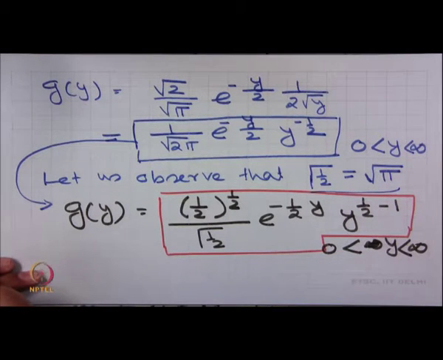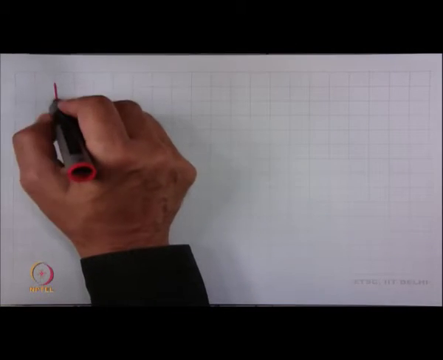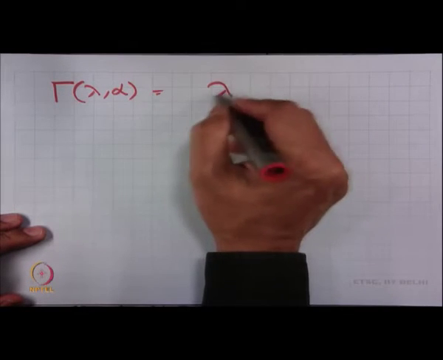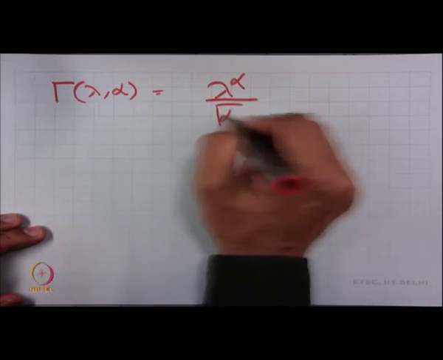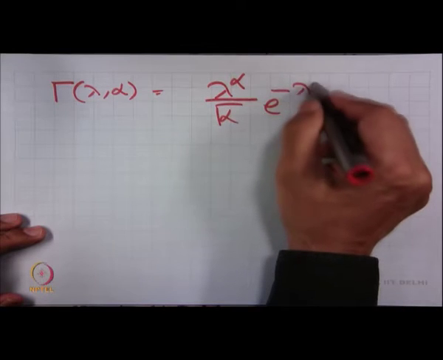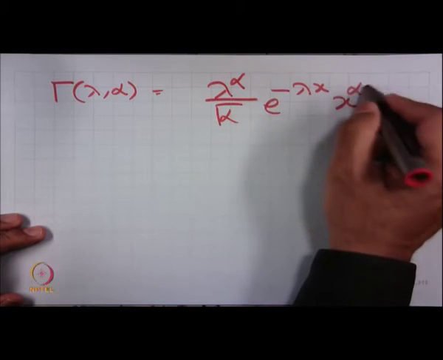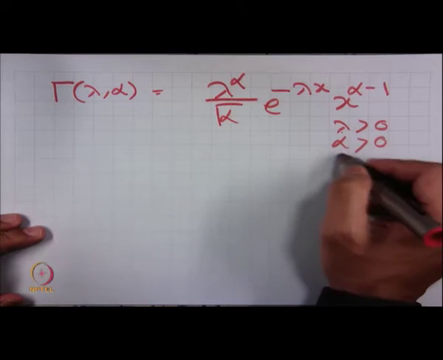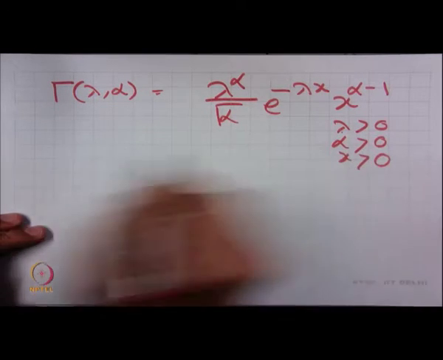I am sure you can, because this is of the form gamma(lambda, alpha), which is lambda^alpha / Gamma(alpha) e^(-lambda x) x^(alpha - 1), lambda greater than 0, alpha greater than 0 and x greater than 0.